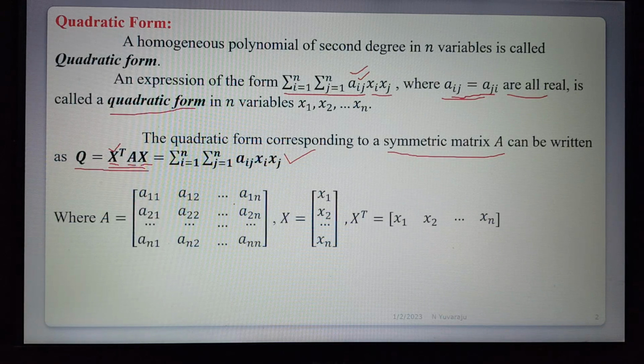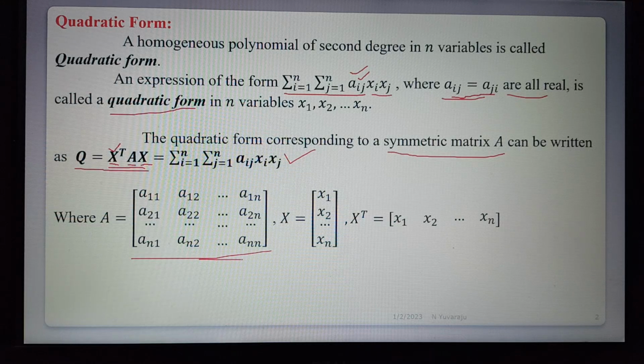Here A is a symmetric matrix, and all entries are coefficients: a11, a12, up to a1n, a21, a22, up to a2n, up to an1, an2, and so on.